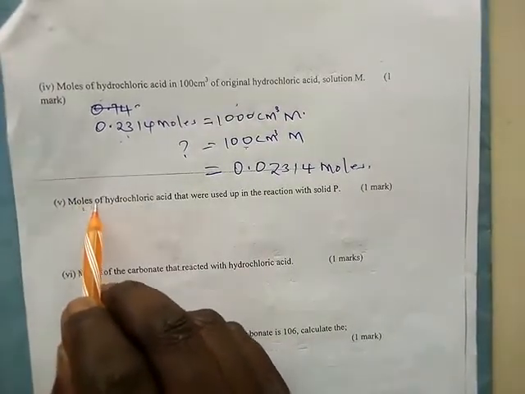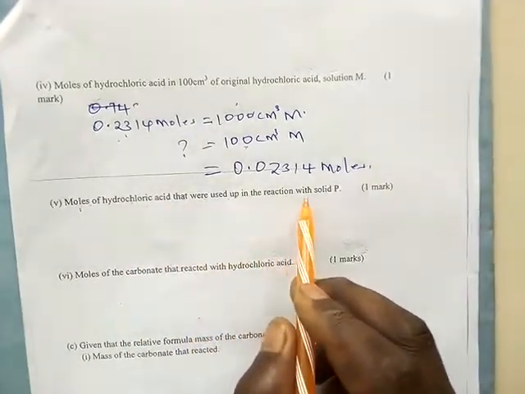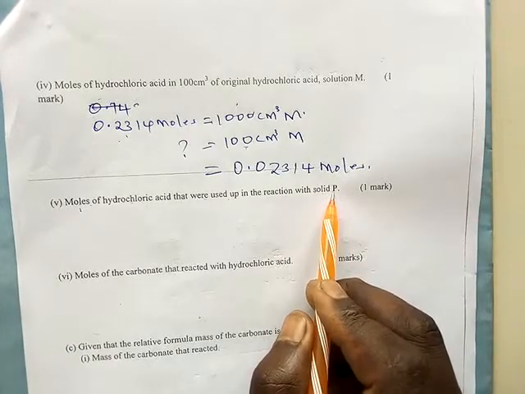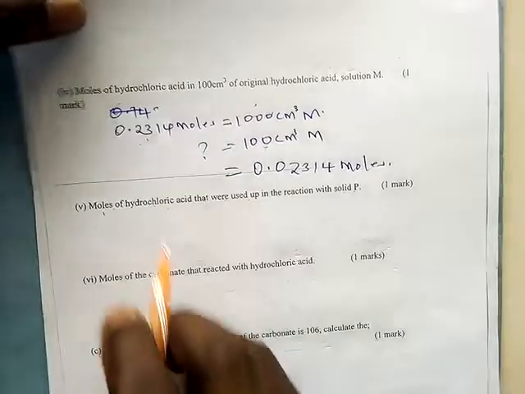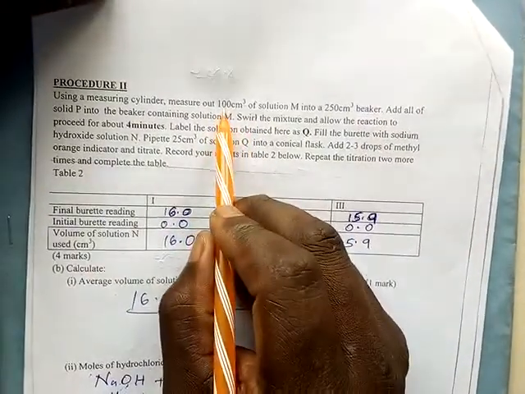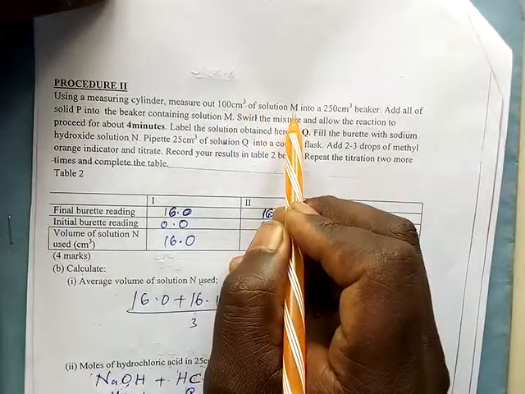Calculate the moles of hydrochloric acid that were used in the reaction with solid P. Now remember, we had 100 centimeters cube of the original.